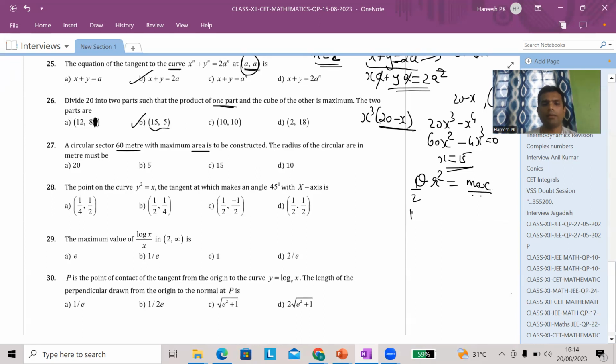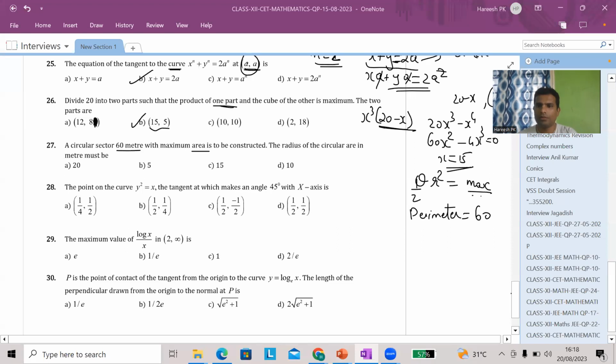And the perimeter of the sector is given as 60. The perimeter of the sector is nothing but r theta plus 2r. That's given as 60.